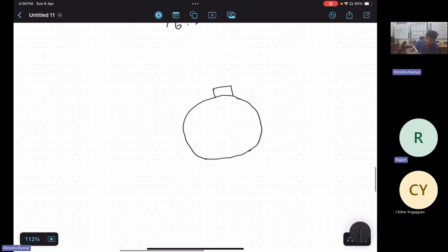One pole has a thinner magnet width, another pole has a thicker magnet width, like this. It is really a good question you asked. You are able to see the difference in the pole structure, right? Yes, sir.